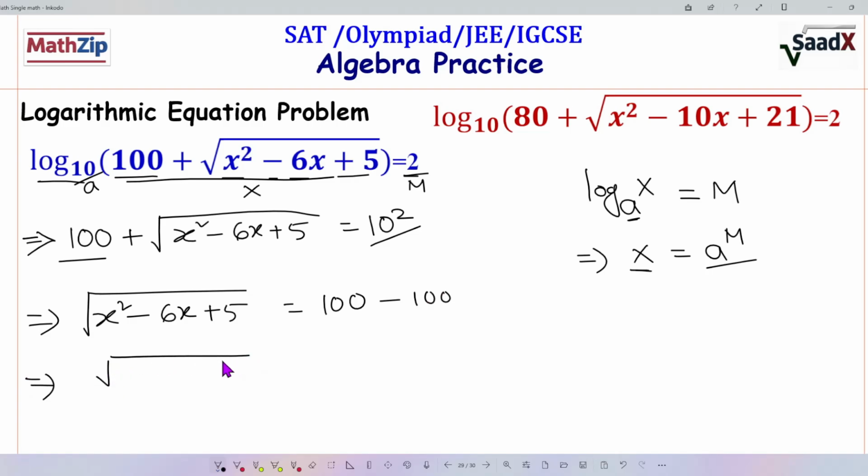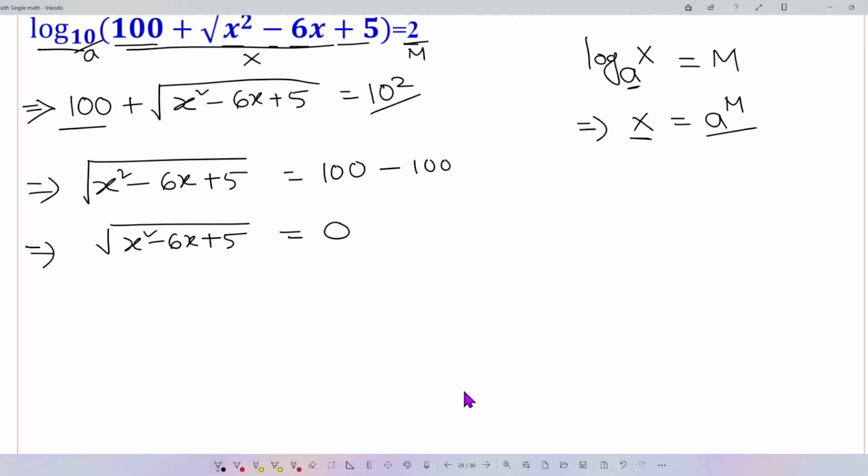Here again, root over x square minus 6x plus 5 equals 0. Now we can square both sides, so we can write x square minus 6x plus 5 equals 0. We can write squaring both sides.